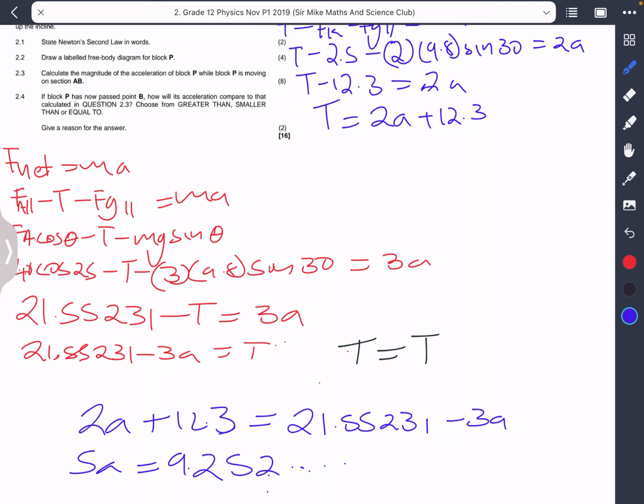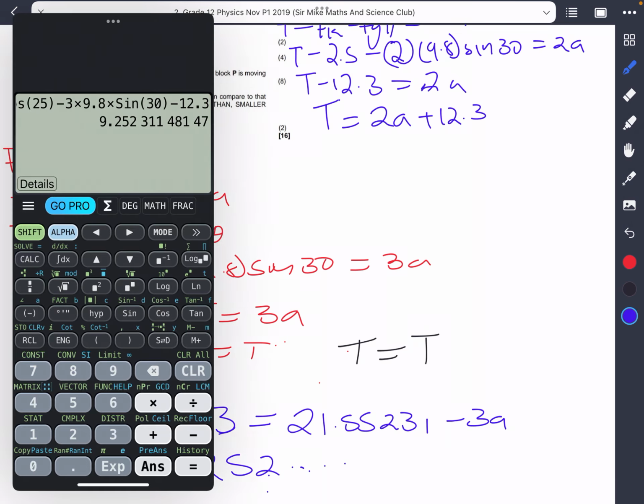So in this case, I'm going to divide by 5 on both sides. If you do that, let me just put that into brackets, divide by 5, what I would have is a being 1.85.